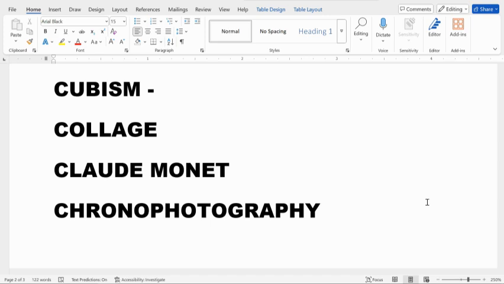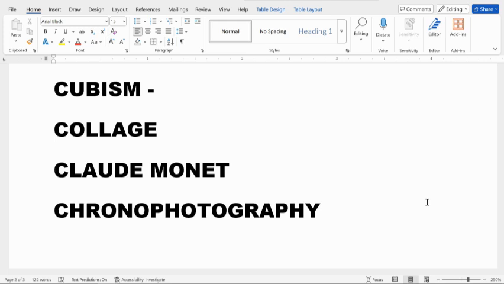I also want you to know the subject matter of cubism. Cubism goes around the subject, the motion goes around the subject, but what is the subject that is typical in Cubist art? Instruments is one. What else do Cubists make artworks of?